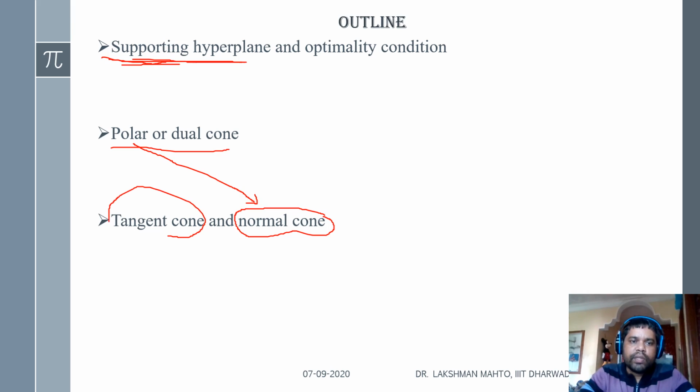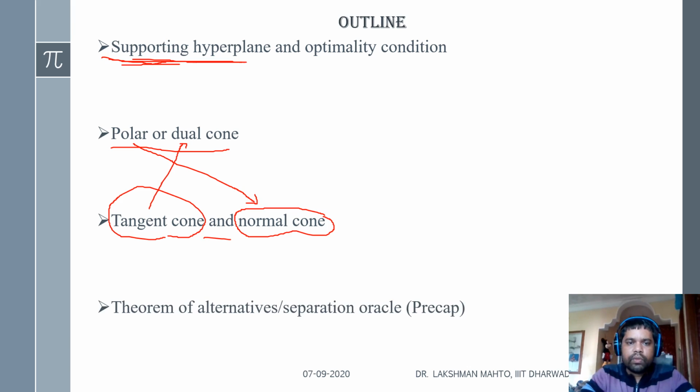There is a one-to-one correspondence between the tangent cone and the normal cone. A tangent cone is very much related to the dual cone, and the polar cone is very much related to the dual cone. I have intentionally taken this example to get more clarity on the dual cone and polar cone.